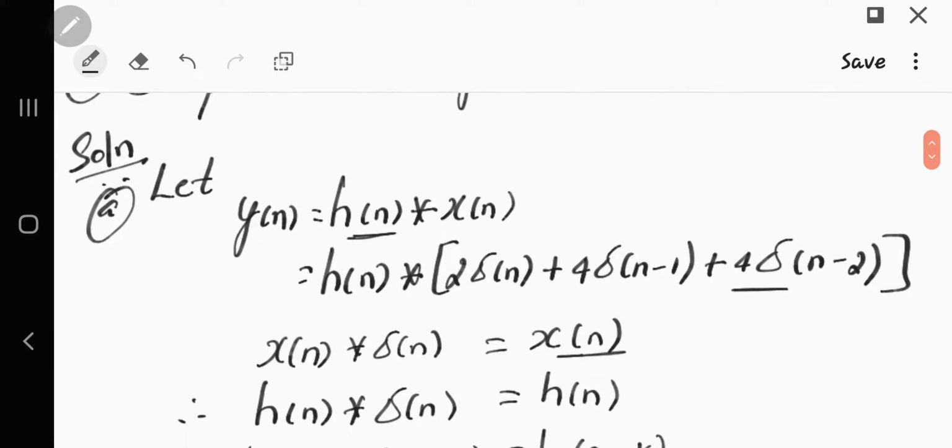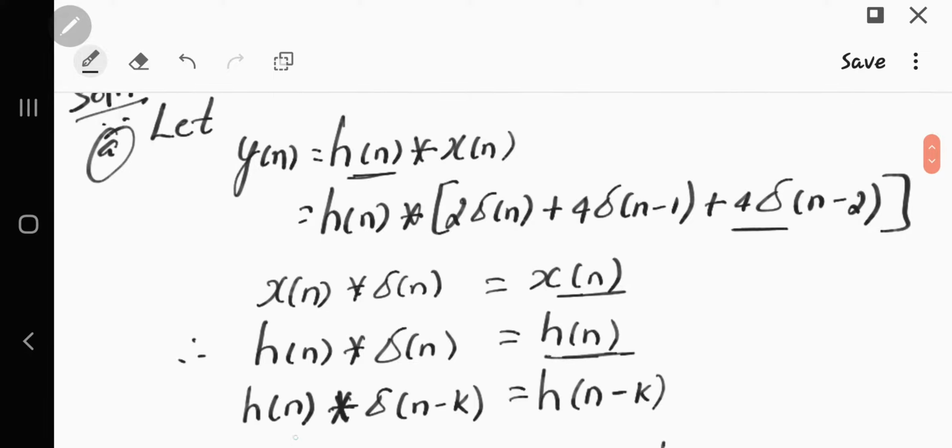So if I take h of n convolved with delta n, I will get h of n only. And if I convolve h of n with delta n minus k, a time shifted version of the impulse function, then I will get h of n minus k. This is a property I am just refreshing, and we are now using these two to simplify our equation.